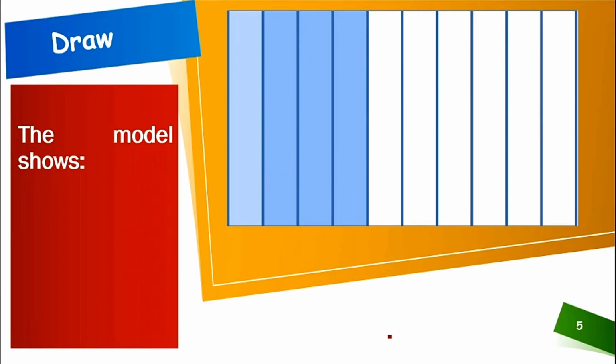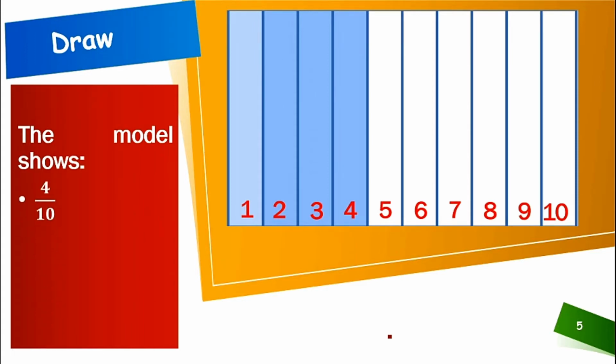On your right side, you will see a model. Now let's count how many columns. We have 1, 2, 3, 4, 5, 6, 7, 8, 9, 10. We have 10 columns. Now, how many columns were shaded? We have 1, 2, 3, 4. 4 columns were shaded out of 10.